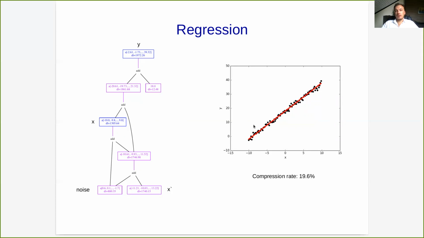Without knowing anything about regression, without specifying any objective functions, there are no least squares or something like that. The only objective function is actually the final description length of the data.